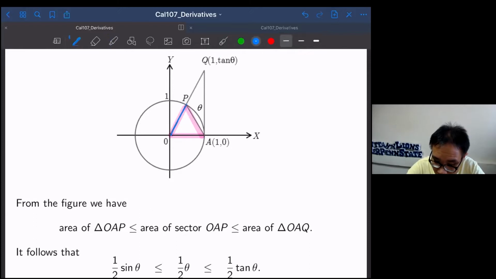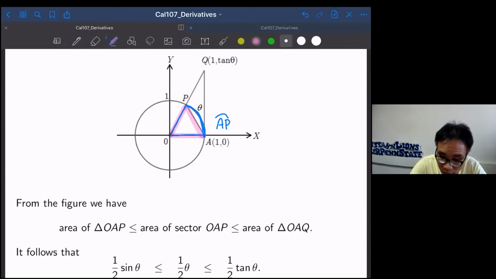The sector means like you have a pie or a pizza with some arc AP. It's going to be a triangle, but the base of the triangle turns out to be an arc. So you have an arc AP, and this one is called a sector.